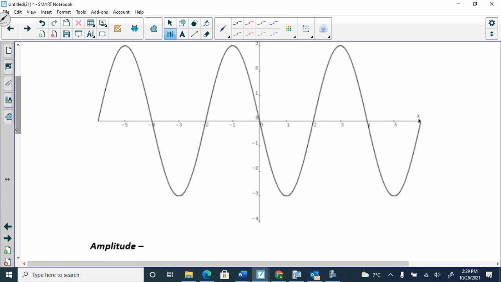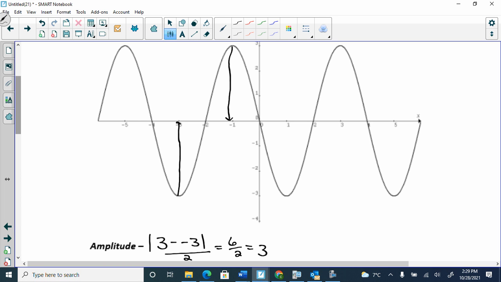And then for this one, the absolute value of the max, which is 3, minus the min, which is negative 3, divided by 2, which is 6 divided by 2, which is 3. So I count up 3, count down 3. And they meet. Great, we have the amplitude.